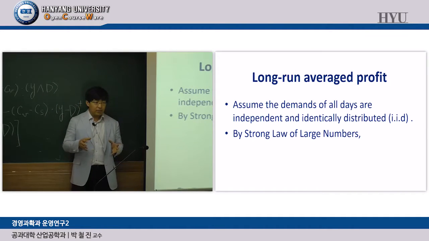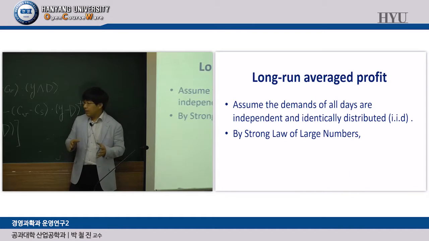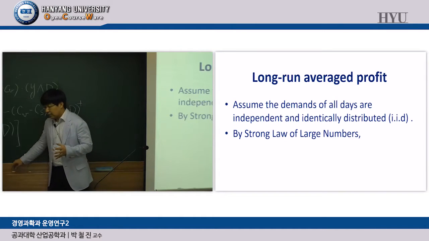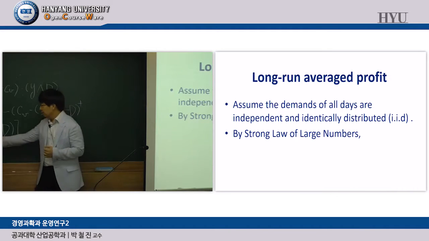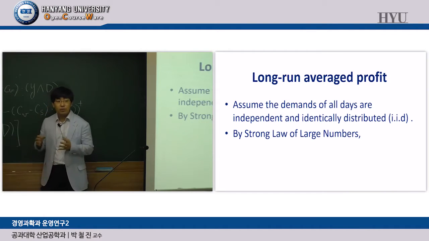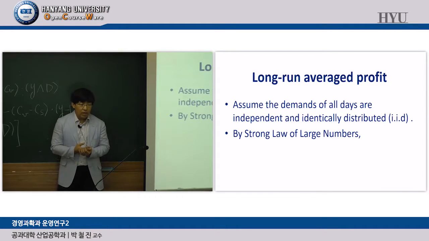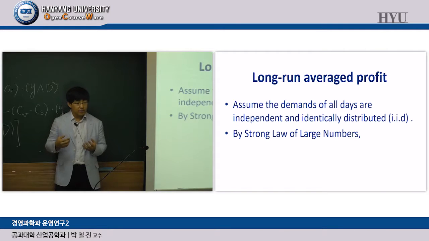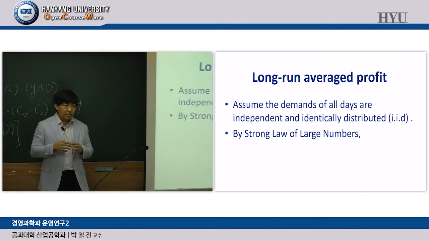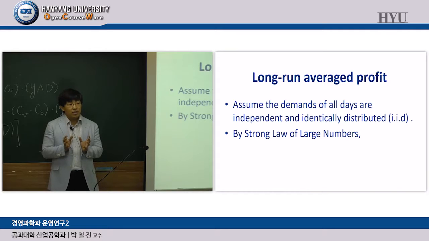Expected profit is a kind of representative number of the random value. This expected value does not tell everything about the random variable, but we can recognize some very important characteristics of the random variable.